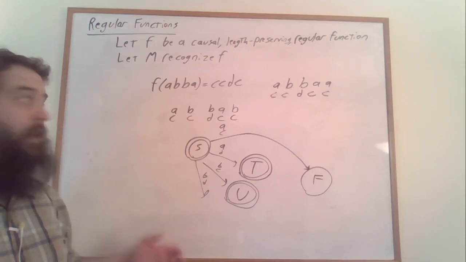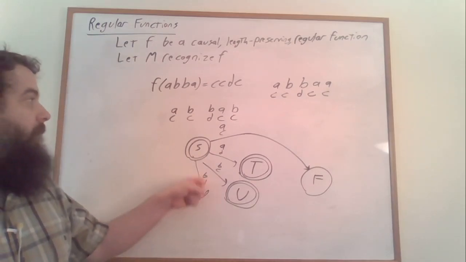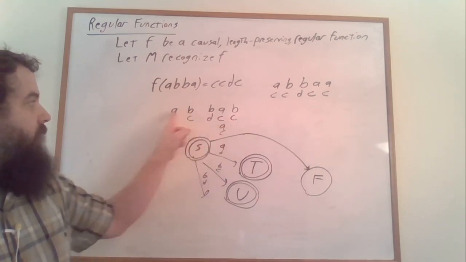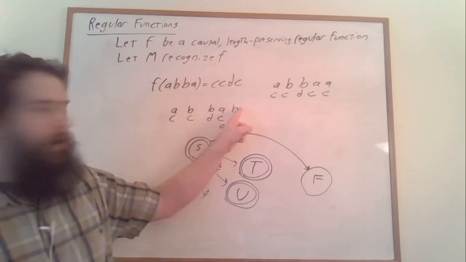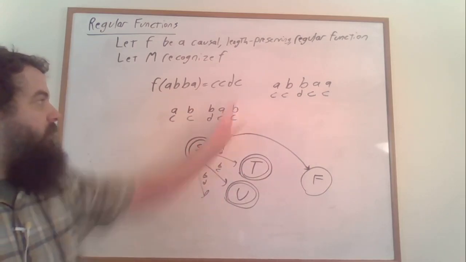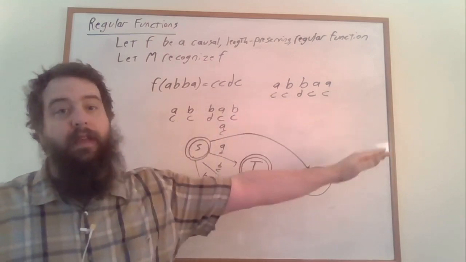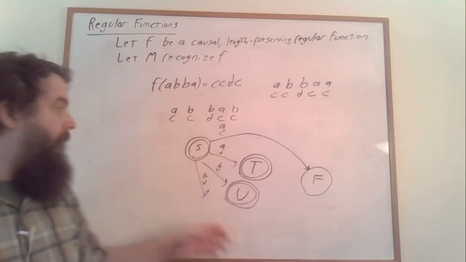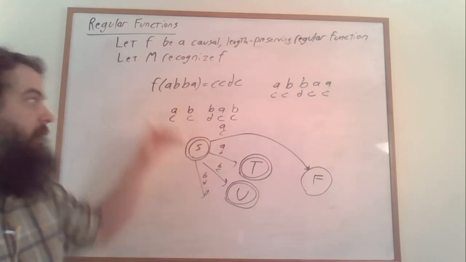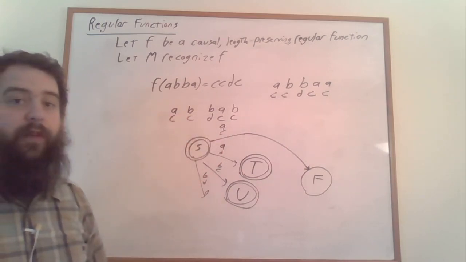And again, for the same reason, if we read a BD, this output character here is determined by these input characters here. So if we read a BD, there's nothing that can happen later on in the input to somehow make this a correct input-output pair for our function.